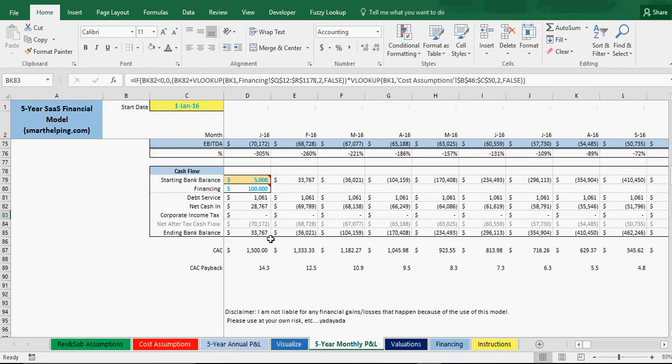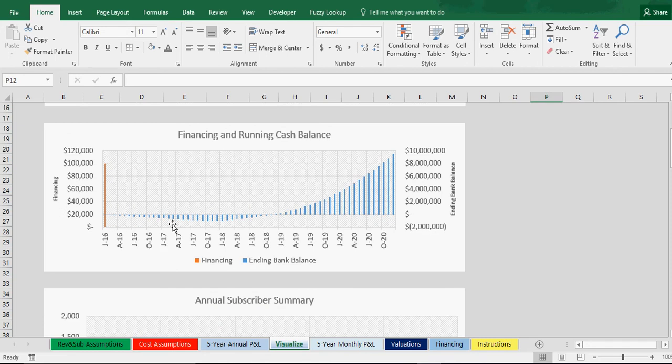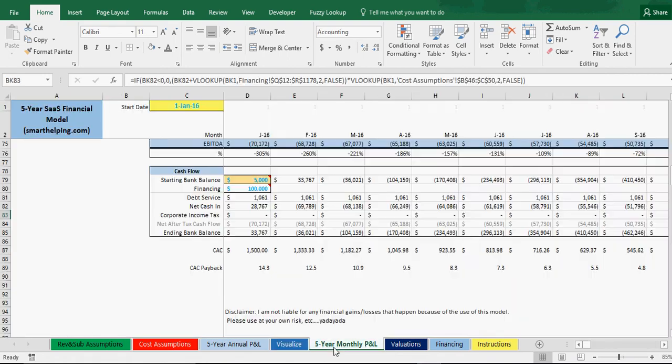The other thing is this gives you a nice cash flow plan. You can see how many months it's going to take you to get positive, given what you're burning a month, and how your subscribers are growing. You can also just see how long it takes you to generate X amount of cash if you got a given startup cost in the business. You definitely would want to know that.